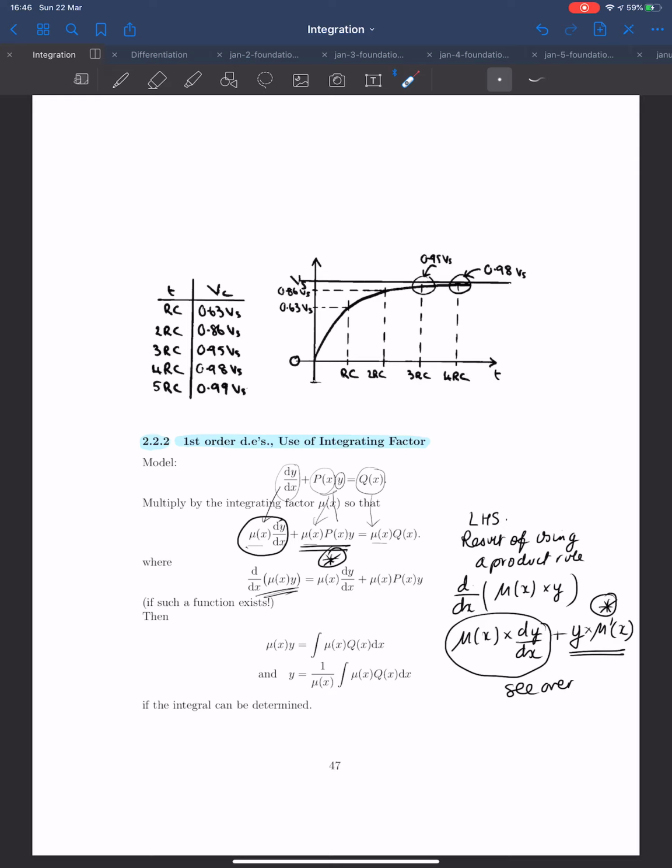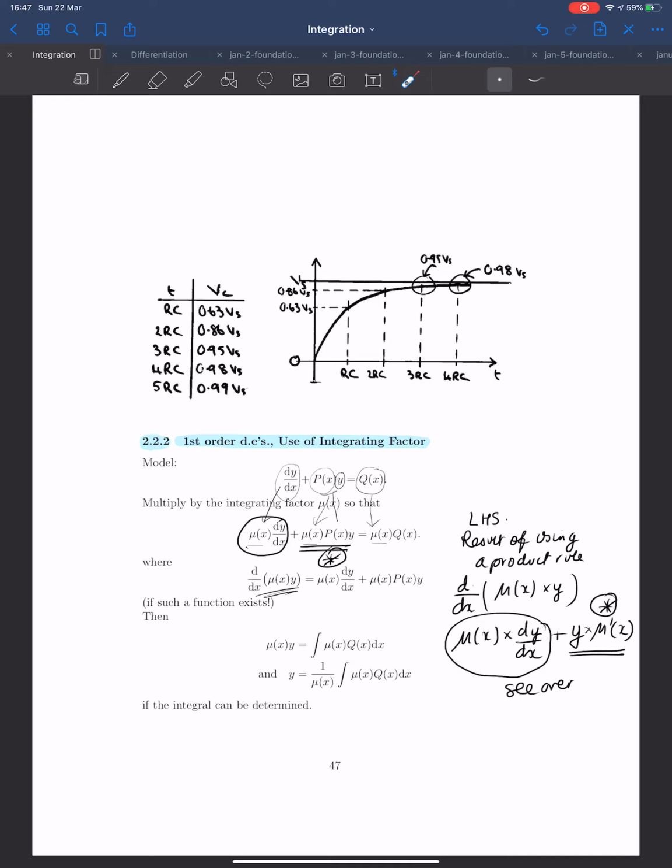But if we can say that this is equal to this, okay, if a function exists, then if we integrate this mu of xy, it's going to be the integral of this side.